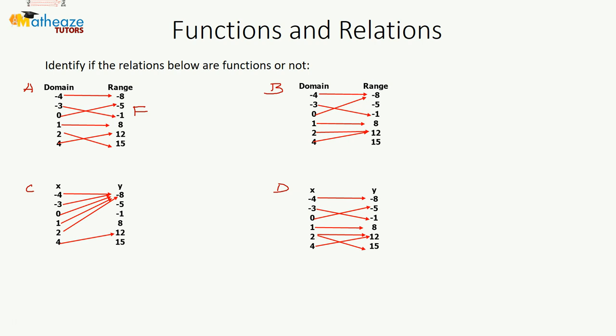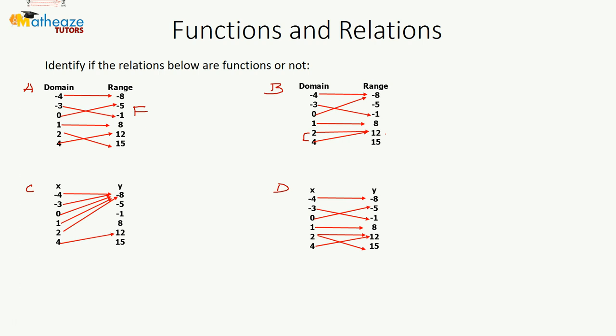Let's look at B. Every domain value must have only one range value. If you look at 2 and 4, they point to the same range value. This is valid because they are unique values on the domain that point to a value on the range.